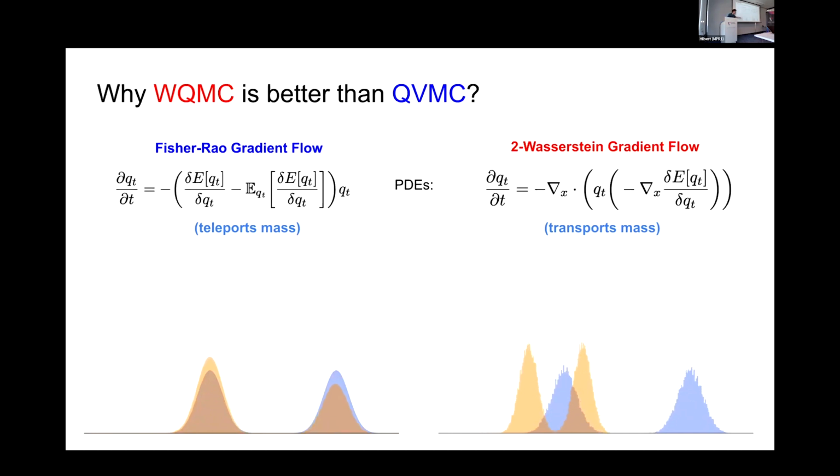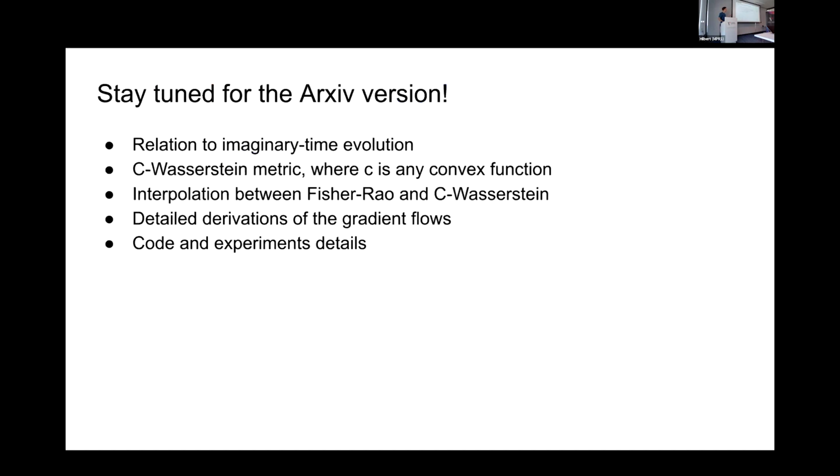If you look at this GIF, you'll see that once we start teleporting mass to the right mode, it will take a very long time for the MCMC chain to converge. Of course, theoretically it will converge, but in practice we run a very short MCMC. We would like to run a short MCMC to save compute. And this is our current intuition for why this works.